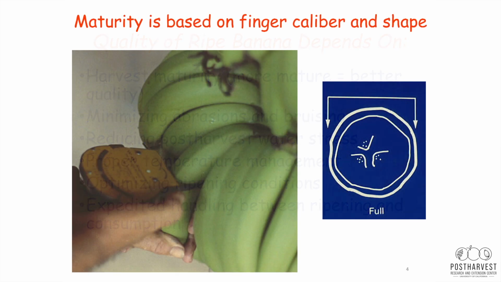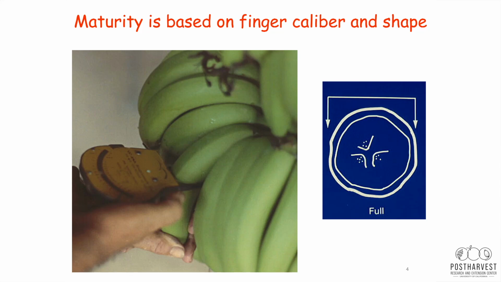So maturity in bananas is based largely on the size of the banana finger and the shape. So you can see in this picture up here, the banana is sort of round. That's what we like to see. We don't like to see the banana to be angular.